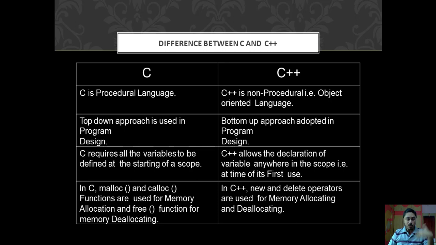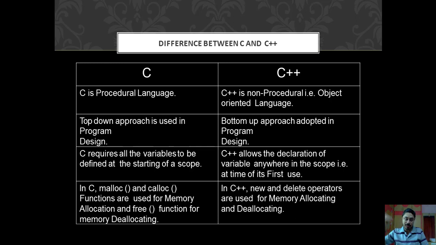Then C requires all the variables to be defined at the start of a scope only. That was the downside of C. As C came into existence before C++, it was decided earlier that the variables should be declared at the beginning of the program only. But in C++, we can declare a variable anywhere in the scope wherever we need it. Wherever its first use is, we can declare these variables.